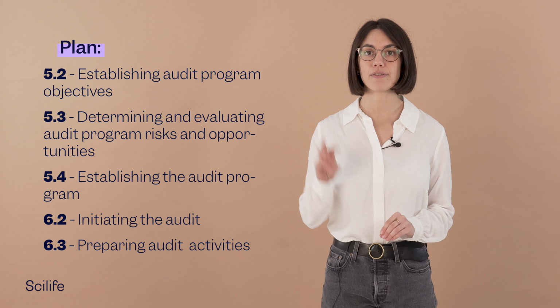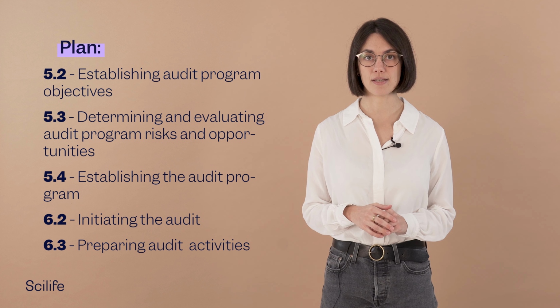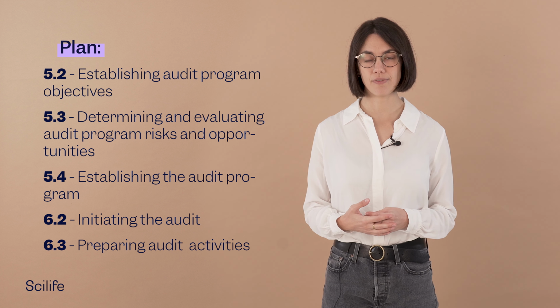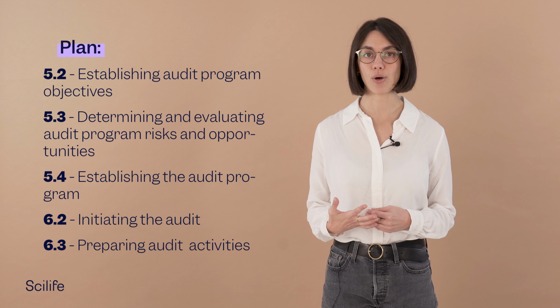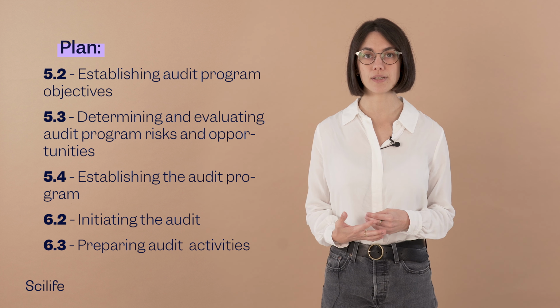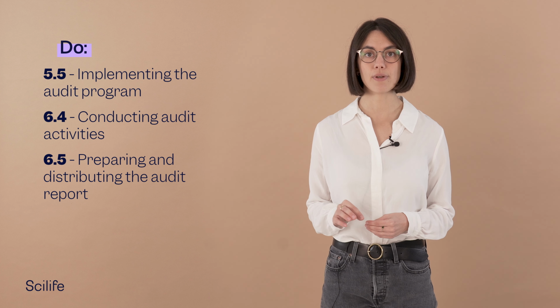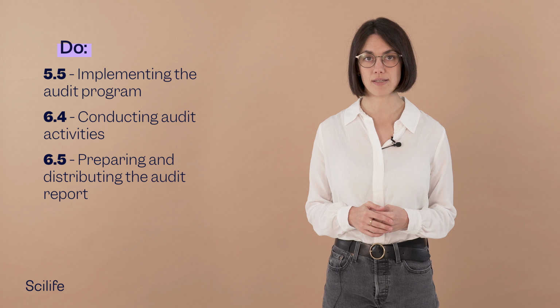Let's summarize the critical elements in each phase. In the plan phase, we have 3 elements in Clause 5 and 2 elements in Clause 6. Establishing audit program objectives, determining and evaluating audit program risks and opportunities, establishing the audit program, initiating the audit, and preparing audit activities. In the do phase, we have 1 element in Clause 5 and 2 elements in Clause 6.